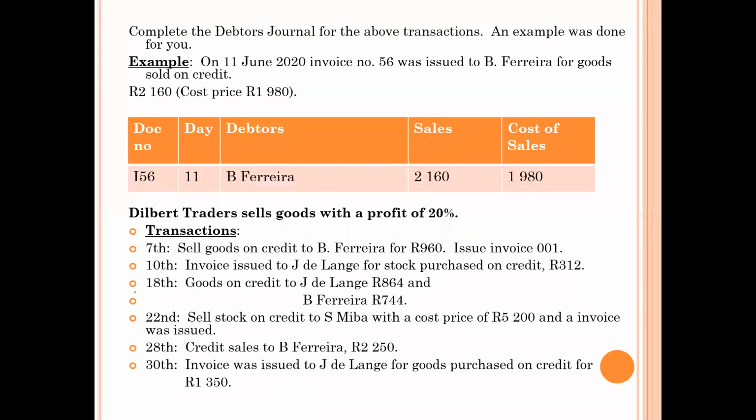And then the last one on the 30th, invoice was issued to J. De Lange for goods purchased on credit for 1,350 rand. Right, so it's the next invoice number. We've got the name J. De Lange on the 30th. We've got 1,350 rand. That is going to be our selling price. So you are going to calculate the cost price.